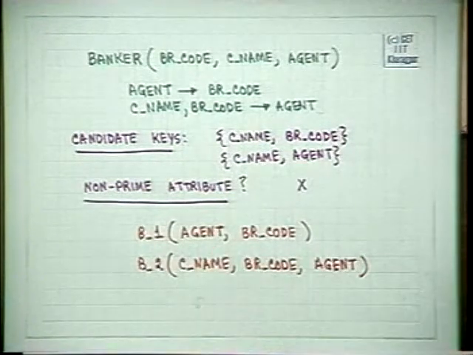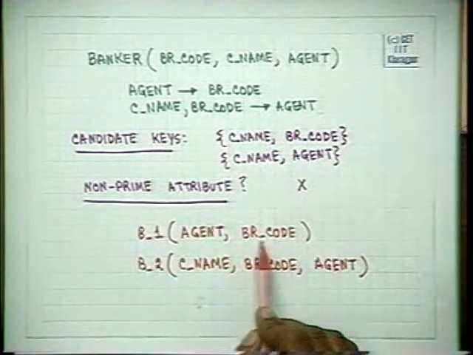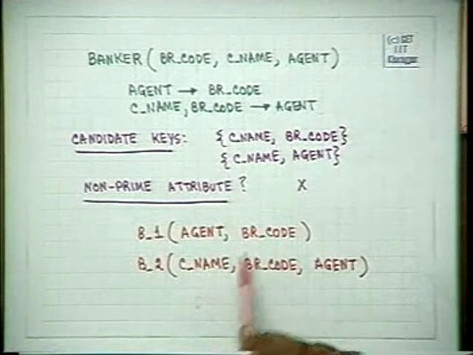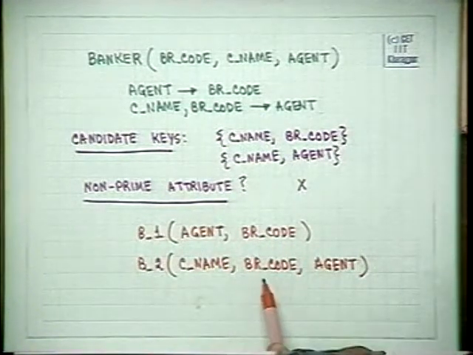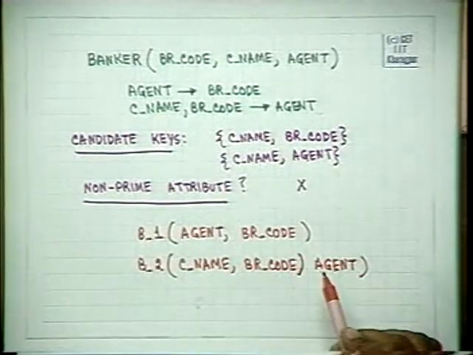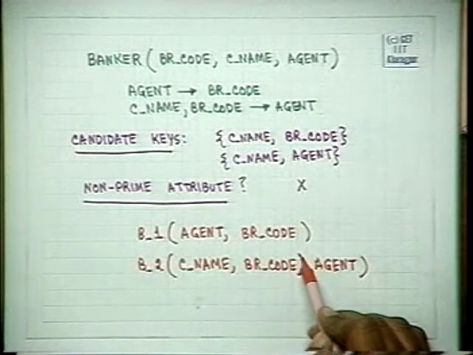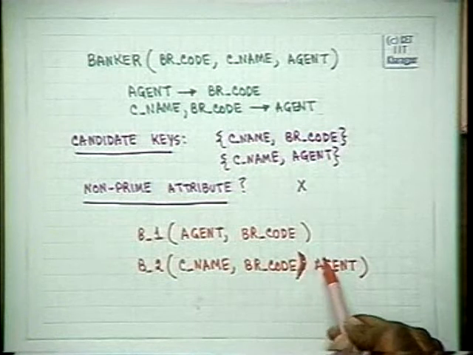Now this one: agent to branch code. Agent is a super key in B1, and in B2, customer name and branch code is the super key. I'm sorry, customer name. We will break it up into customer name and branch code.